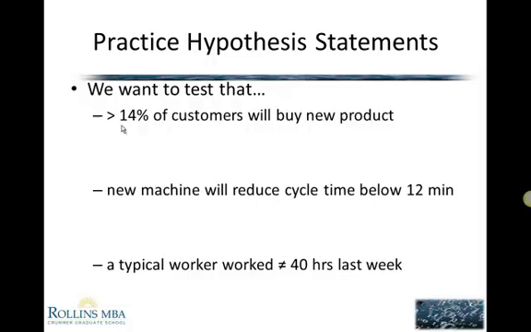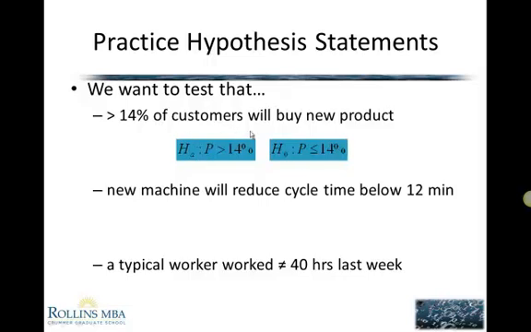So if the first claim is that greater than 14% of customers will buy a new product, the alternate hypothesis statement should capture that claim. And again, this is a proportion of customers that are going to be buying this new product. So the population parameter in this case is a population proportion, designated with an uppercase P here.